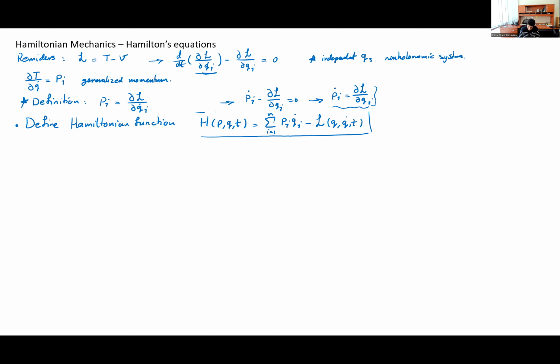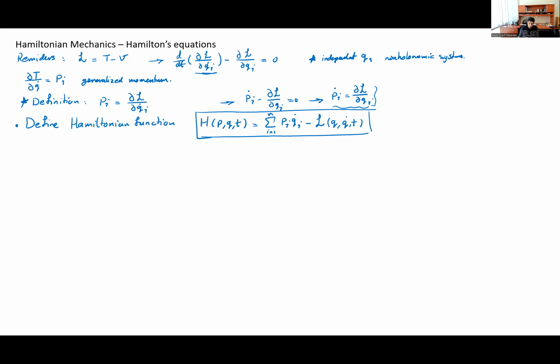So this is how we define the Hamiltonian. It's a function. The function in the end has to be written in terms of P, the momentum, Q, positions, and possibly time. But this is the general way we can define it.